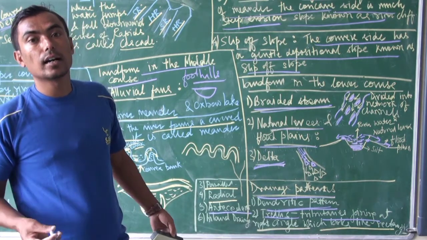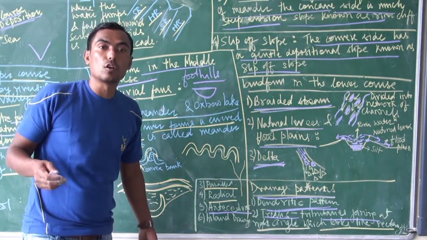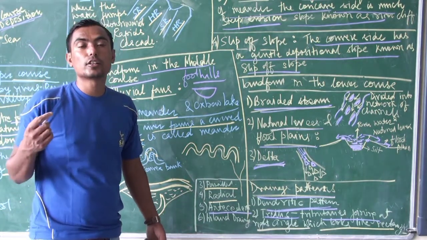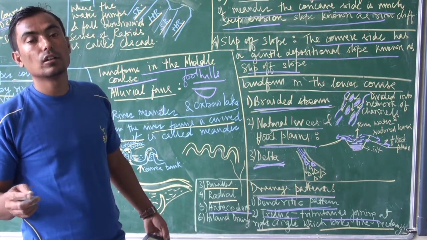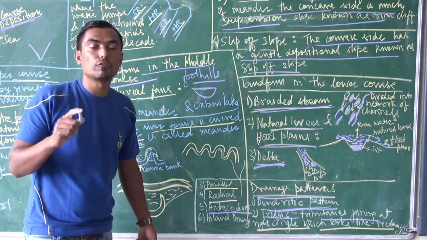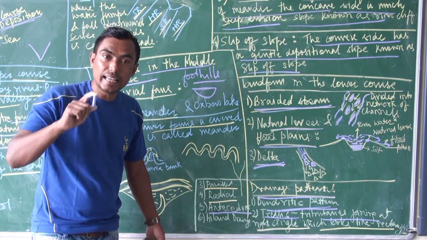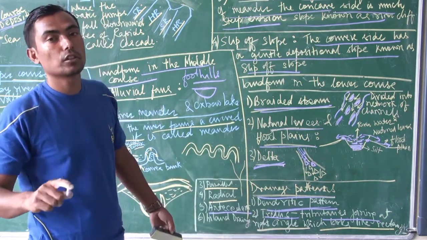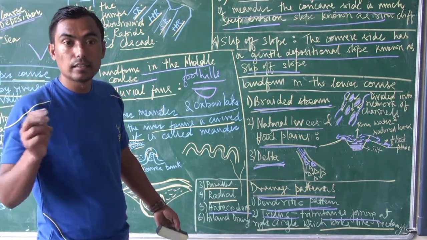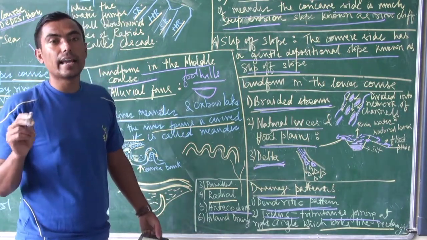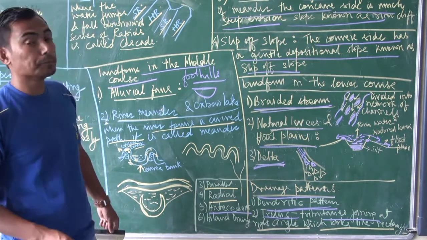River Ganga and river Indus are called the antecedent drainage pattern because these rivers used to exist before the formation of the Himalayas, and these rivers still exist even after the formation of the Himalayas. Therefore, they are called the antecedent drainage pattern.